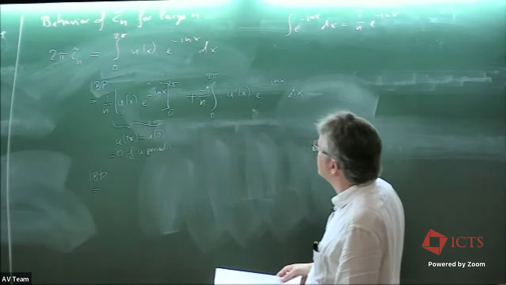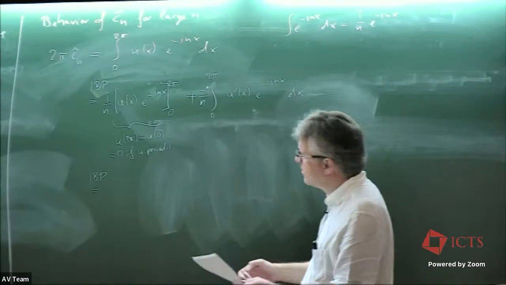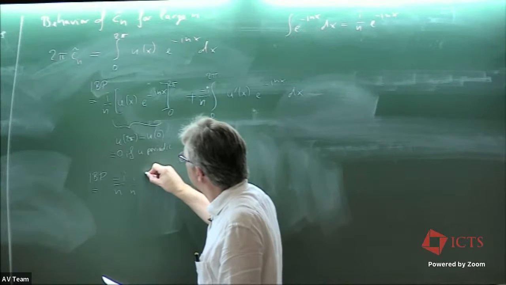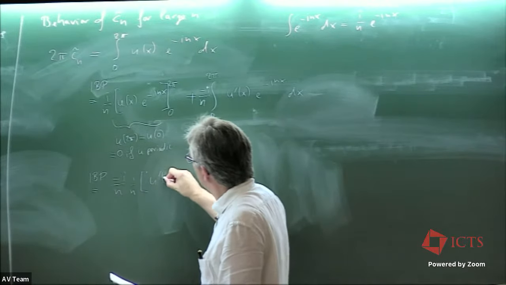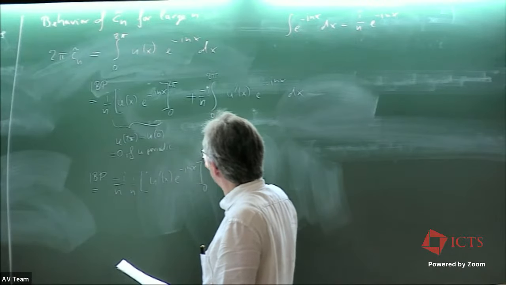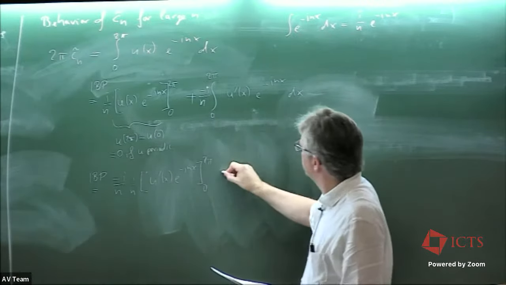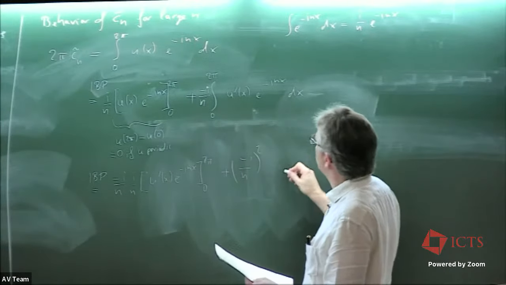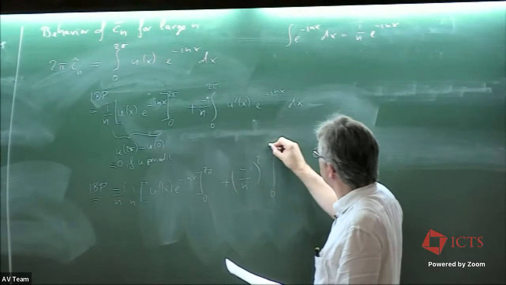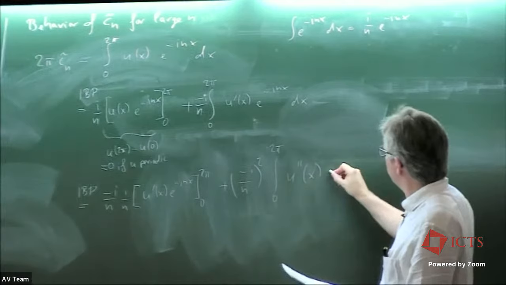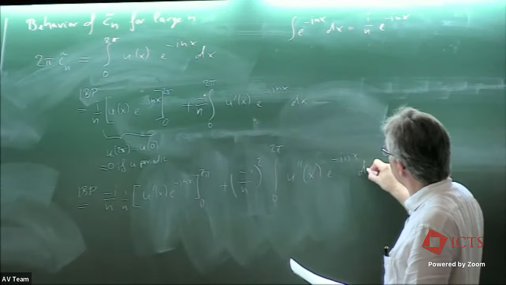And what we find this time around is a minus i over n, u prime of x e to the minus inx from 0 to 2 pi, plus minus i over n squared integral from 0 to 2 pi, u double prime of x e to the minus inx dx.